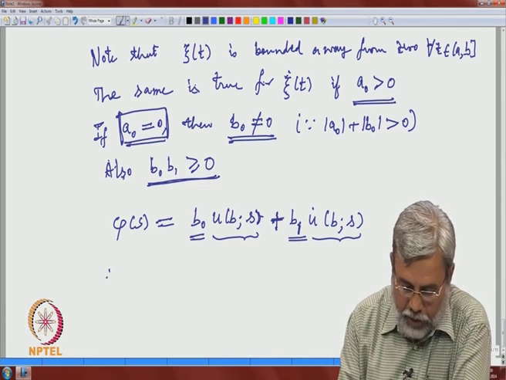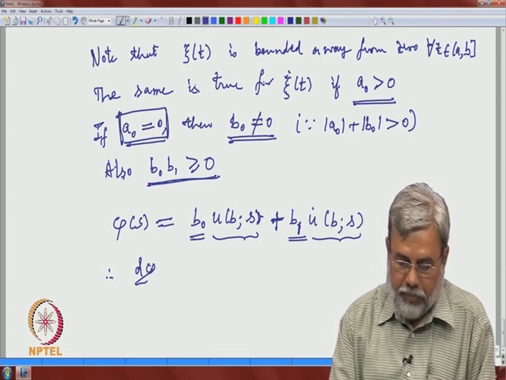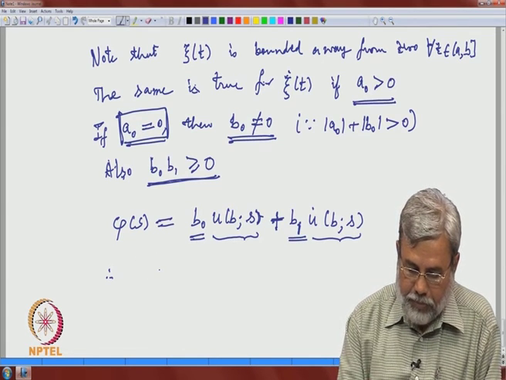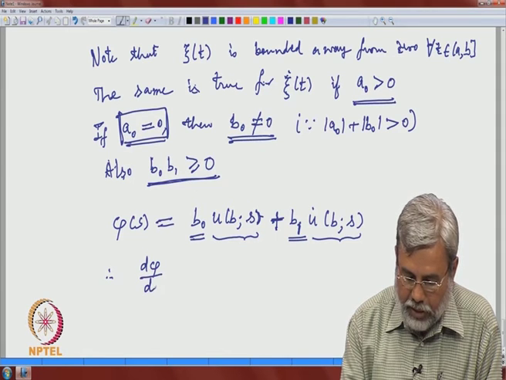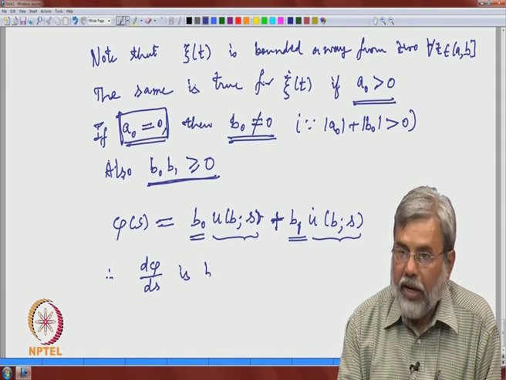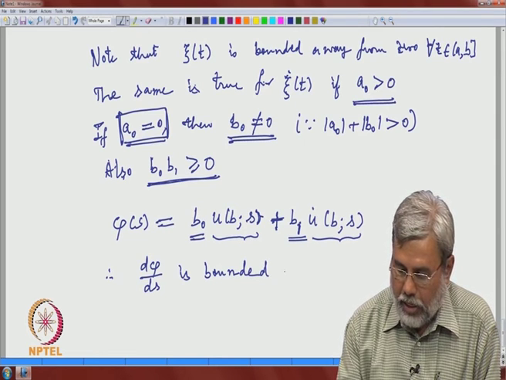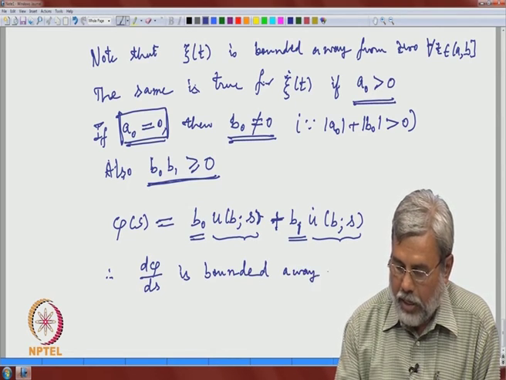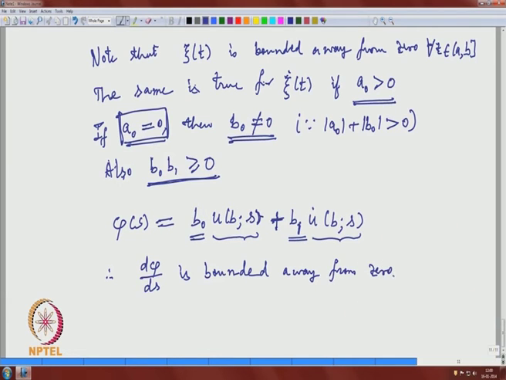So, therefore, again d phi by ds is bounded away from 0 even when A0 is 0.